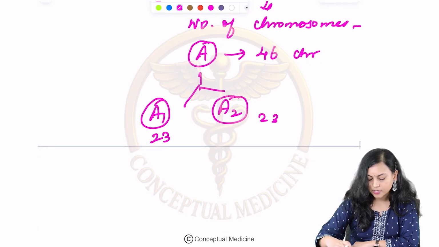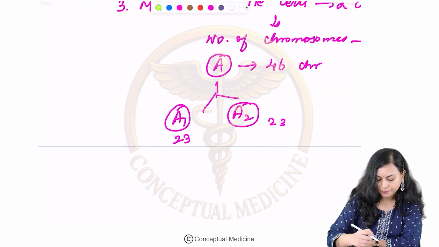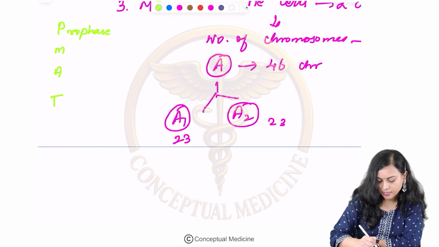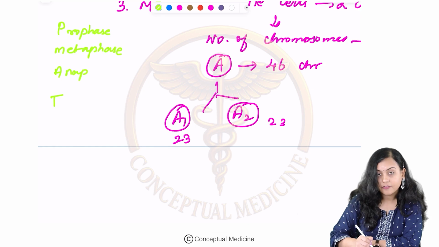Now, meiosis further has many phases in it, which you can remember as PMAT: prophase, metaphase, anaphase and telophase.